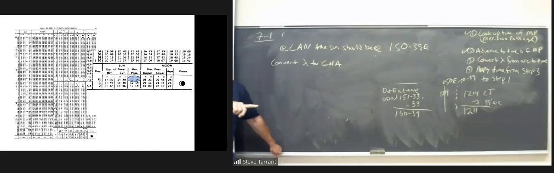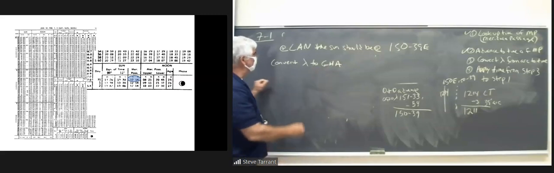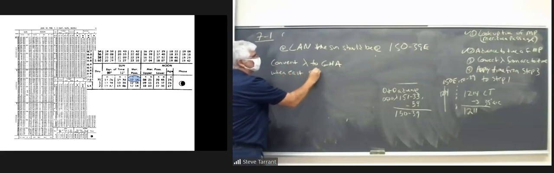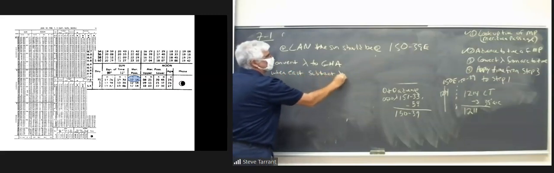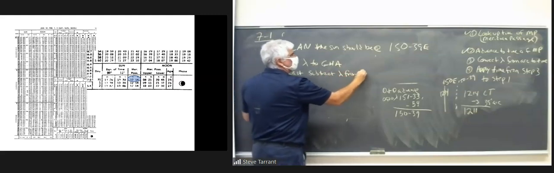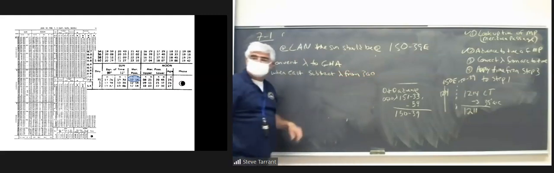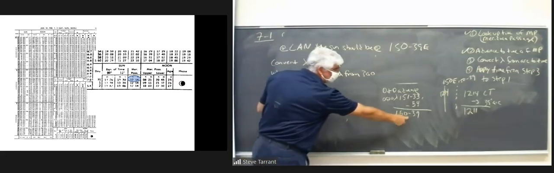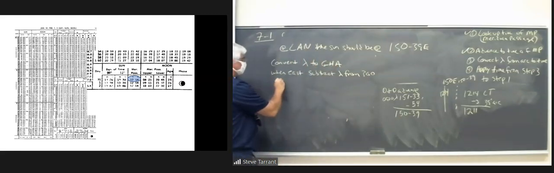It's only when you get past 180 that you have to do a transformation. So when you're east, subtract longitude from 360. So I have to subtract 150:39 from 360.